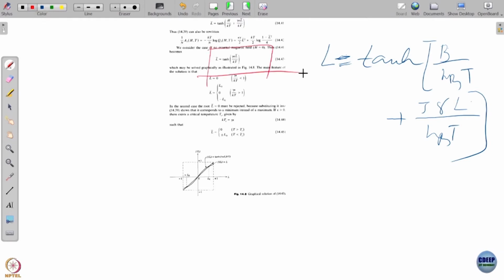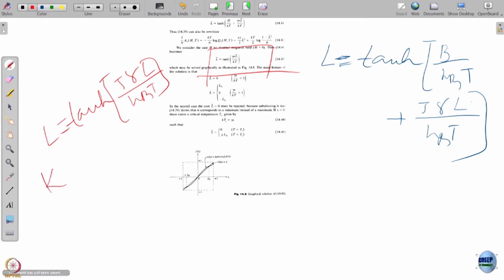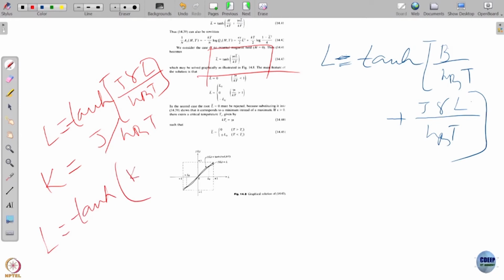That means L equals tanh of k gamma L, where in many places a dimensionless k is introduced, which is J by kBT.